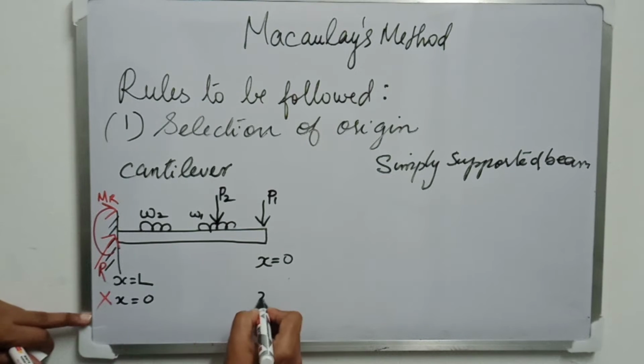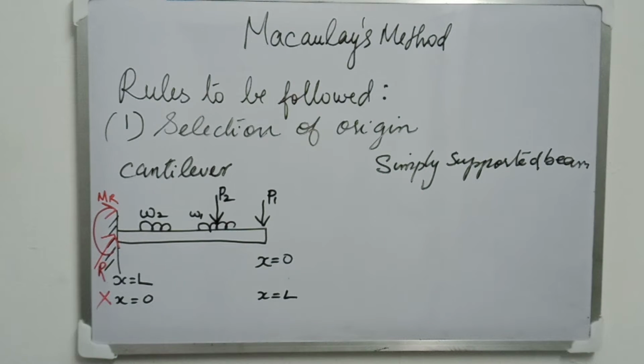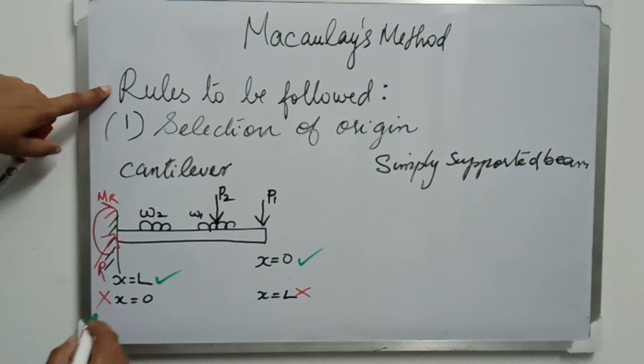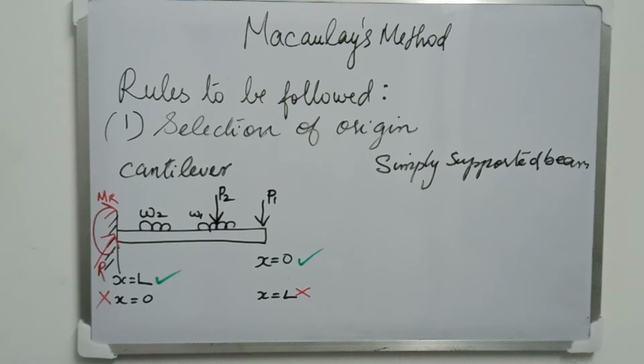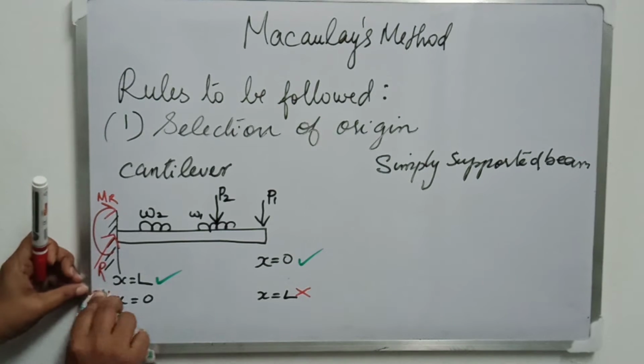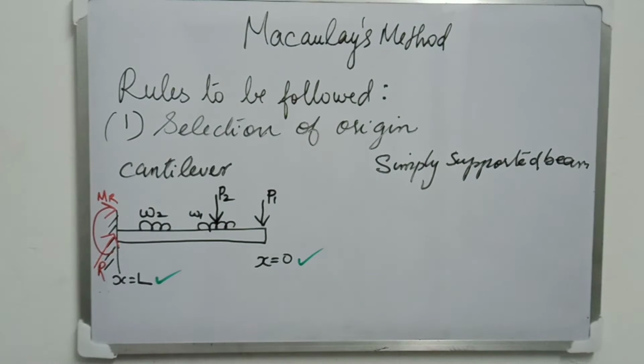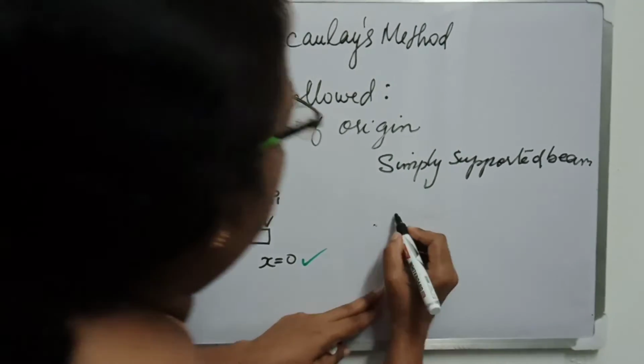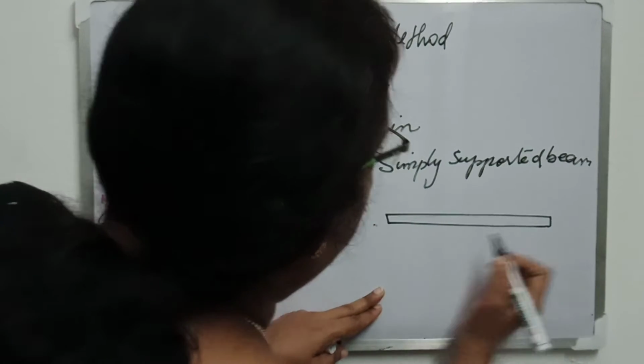So whenever we consider cantilever beams, the one which I have marked with red X is not to be taken, but the one with green tick is to be selected. So I am removing the difficult selection of origin, and I am keeping only the right selection of origin here in the case of cantilever.